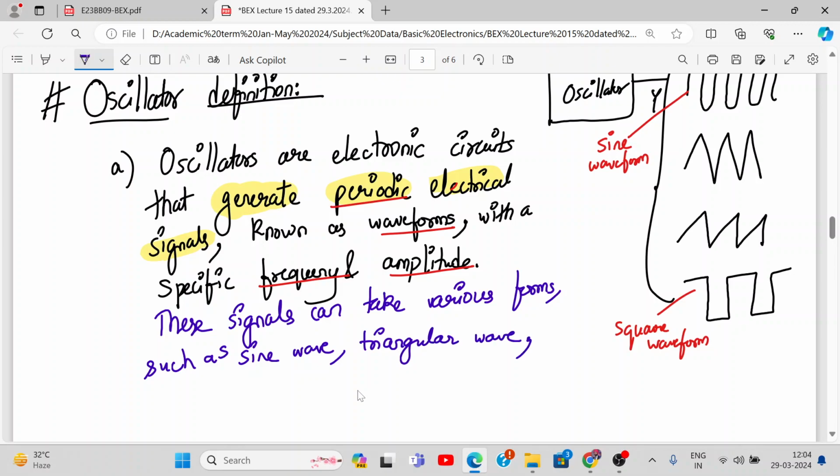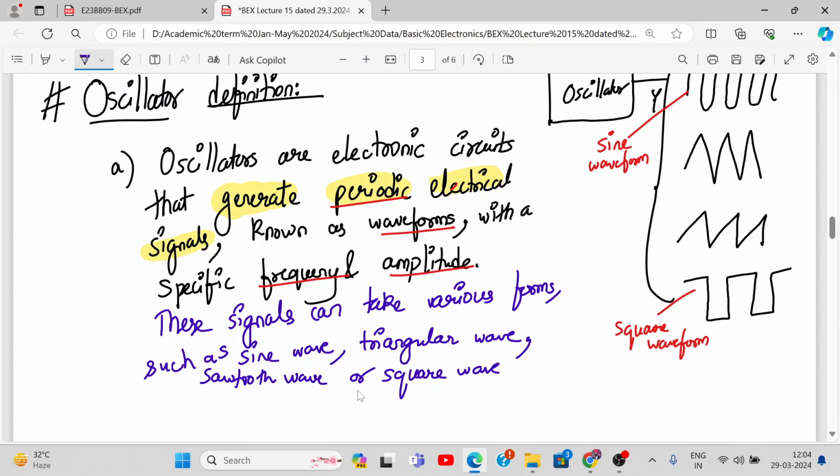This is triangular wave. Then you have sawtooth wave, or we can write square wave. So these signals can take various forms such as sine wave, triangular wave, sawtooth wave and square wave as I have drawn over here. Okay?